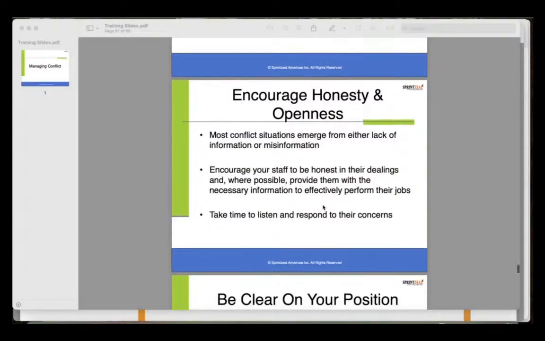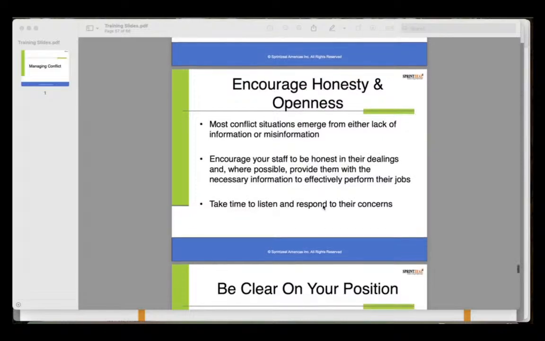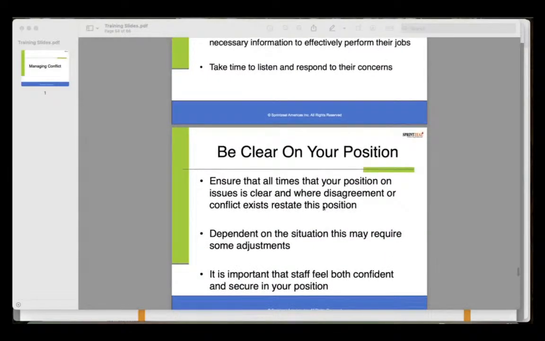Also, encourage your staff to be honest in their dealings, and where possible provide them with the necessary information to effectively perform their jobs. Then take time to listen and respond to their concerns. That is how we encourage honesty and openness. Then be clear on your position.